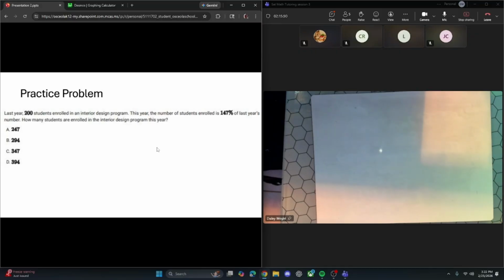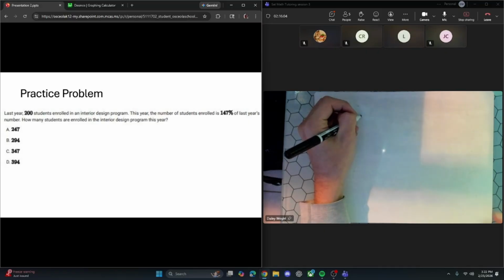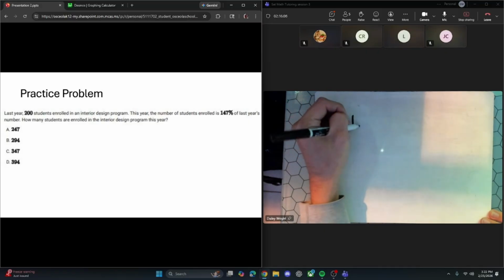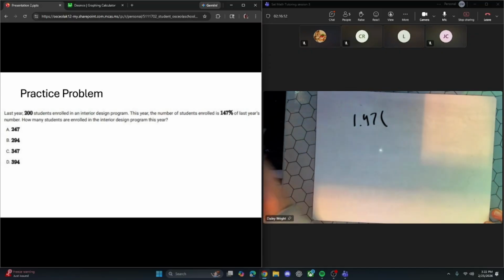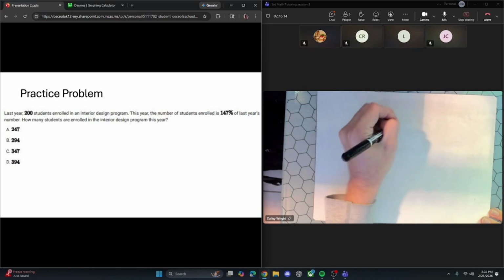So, last year, 200 students enrolled in an interior design program. This year, the number of students who enrolled is 147% of last year's number. So, 147% of last year's number is just 1.47 times whatever last year's number is, which is 200.